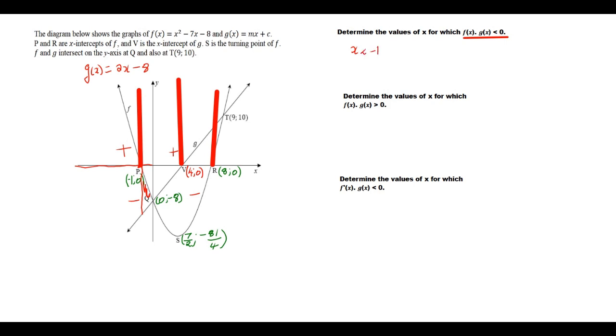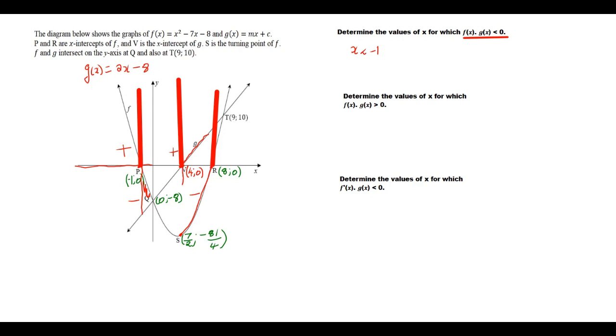We proceed. Dealing with the very same interval, we can see that on this side they are in the same quadrant, both negative here. And even here they are in the same quadrant. But at this particular point, you can see that the graph of g is positive, and in the very same breath the graph of f is negative, from this point up until this point.